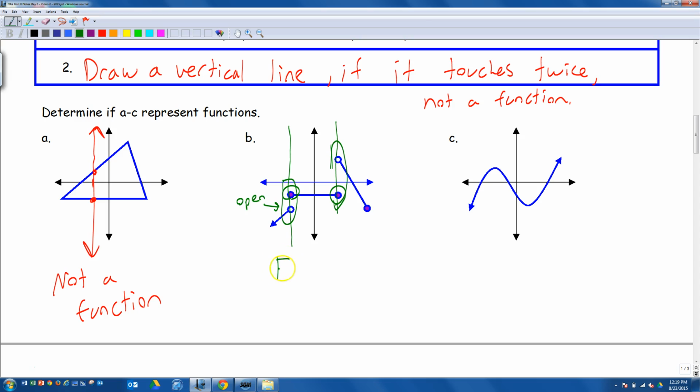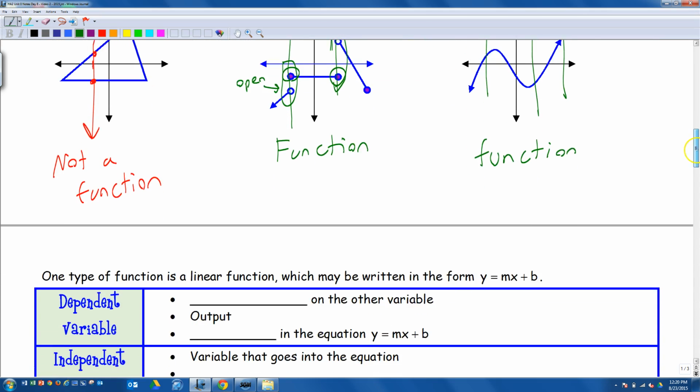Therefore, this is a function. And finally, this clearly is a function because you don't have anything else hitting there except for one spot. So that is what a function is. There's only one output for every input. Okay.